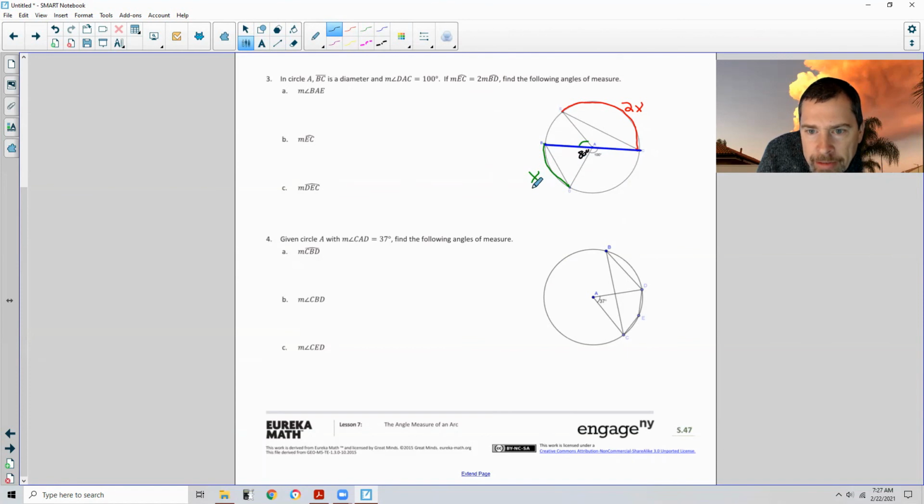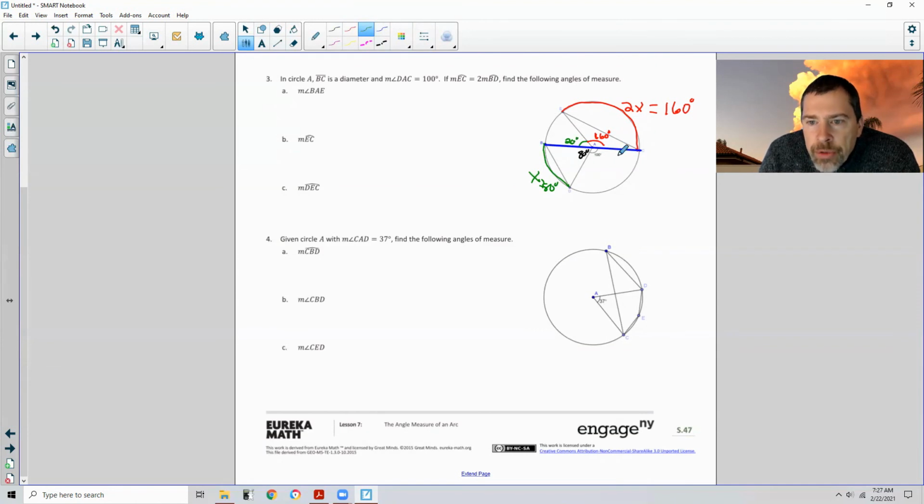So that makes x 80 degrees. And that makes 2x, 2 times 80, or 160 degrees. So if that's 160, then so is this angle here. So that is 160 degrees. Hopefully you're following this. And this is a linear pair. And so this little angle over here is 20 degrees because 160 plus 20 is 180.